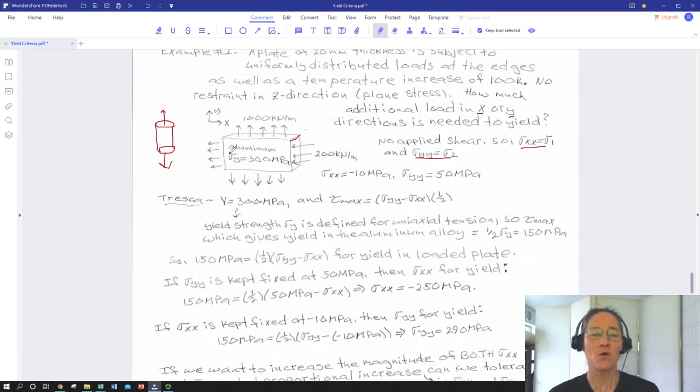What this value corresponds to is our Y value in our Tresca criteria.